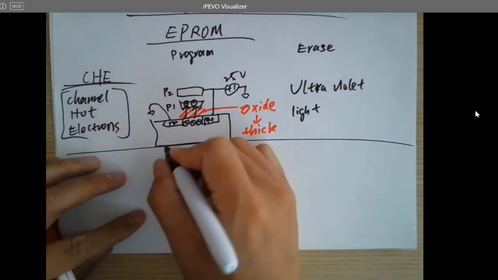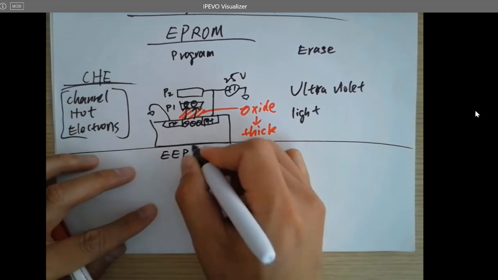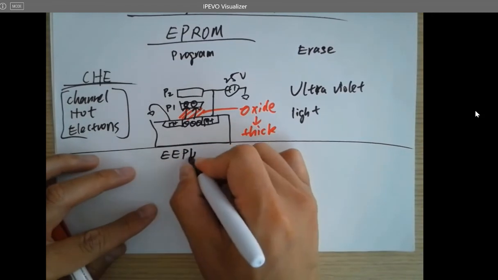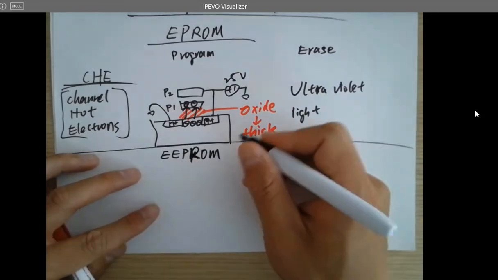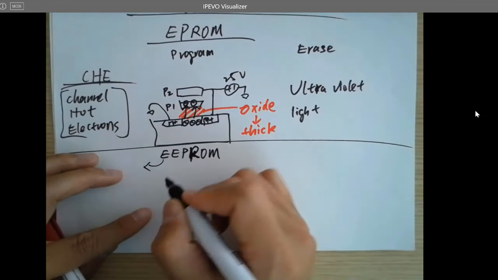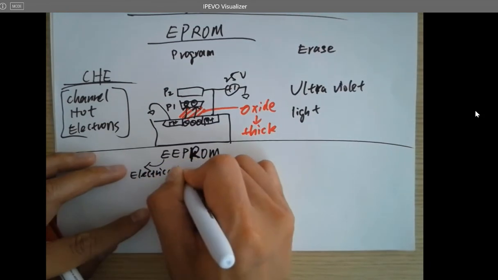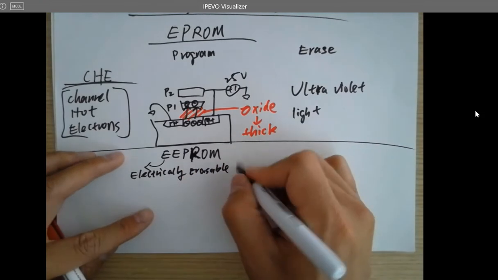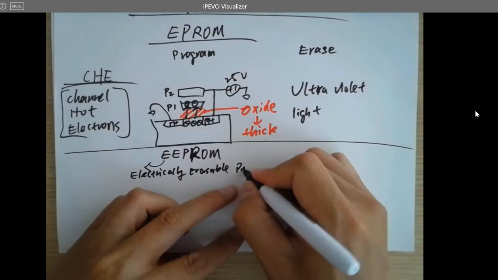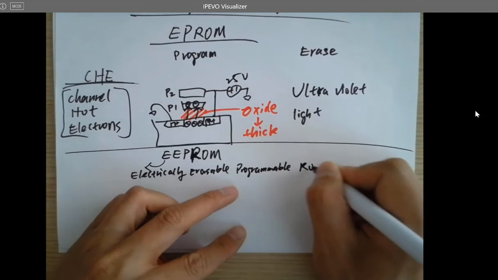After that, engineers developed another one, which is called EEPROM. It's electrically erasable and programmable ROM.